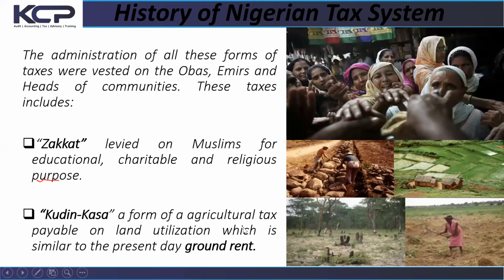So in my presentation here, I did make mention that the administration of all these forms of tax was vested in the hands of the obas, the emirs, and the heads of communities. These taxes include what we call the zakat, mentioned by Aina, but she was shy to explain how it is practiced.